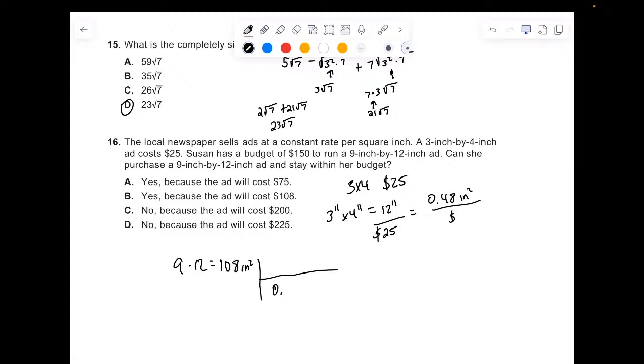So 0.48 inches squared. Whoa. And then this comes out to, okay, I'm just gonna plug this into a calculator. I was doing good not using one before this.